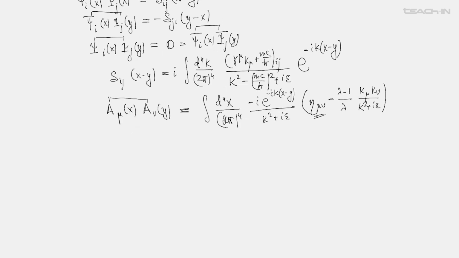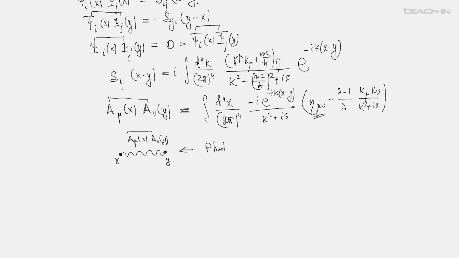The Feynman diagram for the photon propagator is usually denoted by a wavy line, like this, and it's a graphical representation of the Feynman propagator. So this is a graphical representation where, say, your photon has been created at point x and annihilated at point y. And this is the notation for a photon propagator.